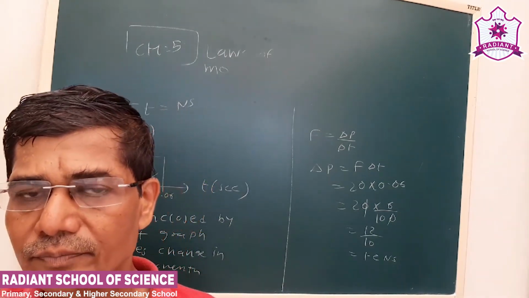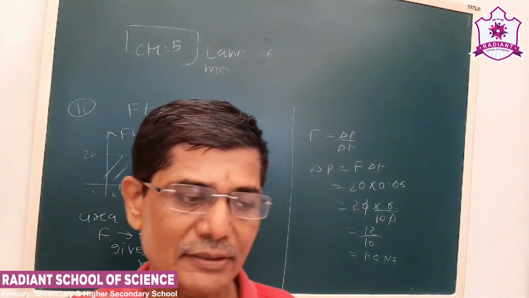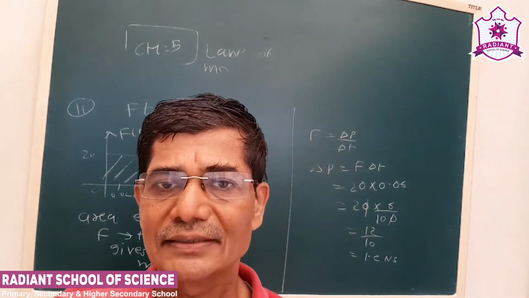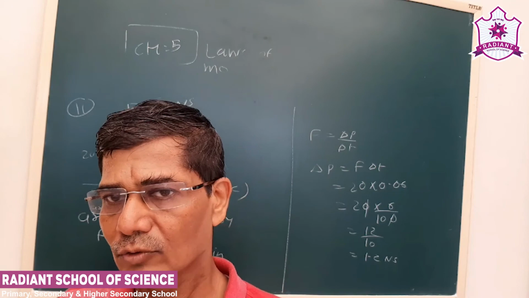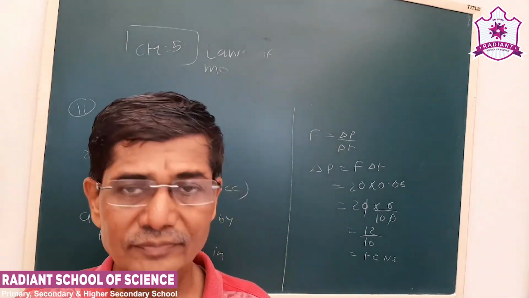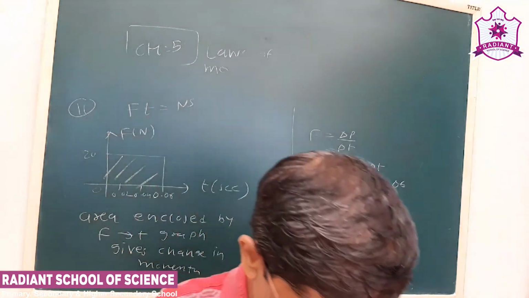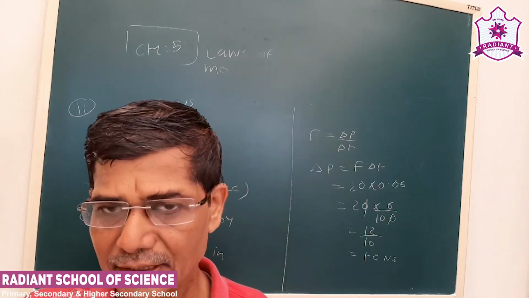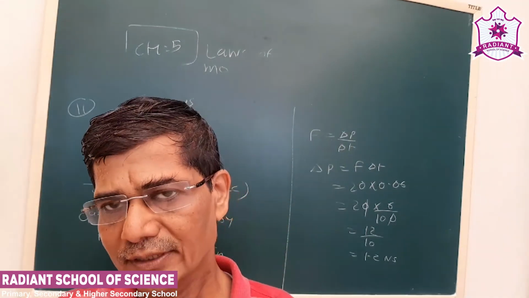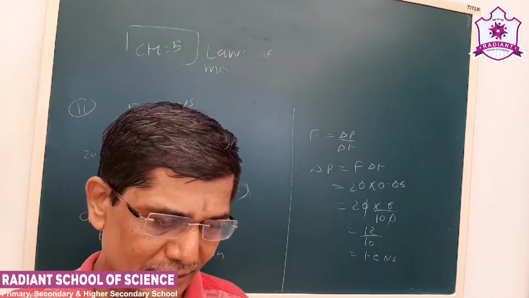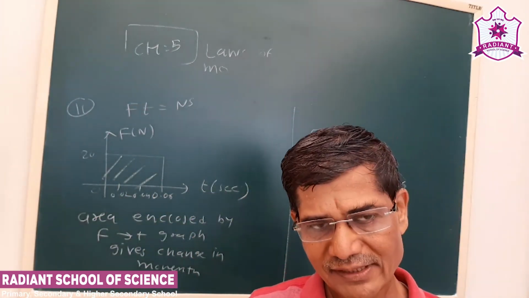Newton's first law defines the force, which is nothing but a modified version of Galileo's law of inertia. We talked about Newton's second law of motion, which gives the magnitude of the force. The third law says action and reaction are equal in magnitude and opposite in direction, which says that forces are always in pairs.